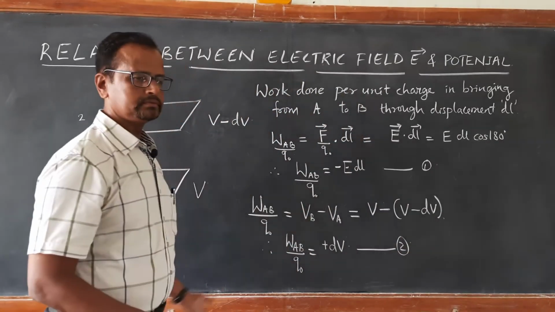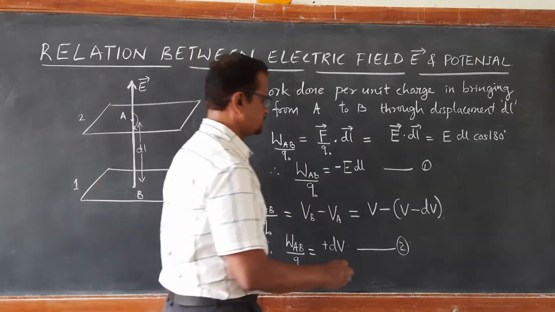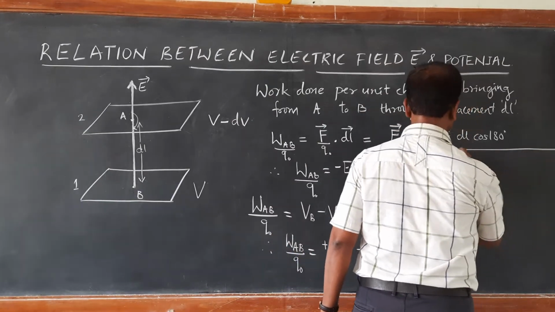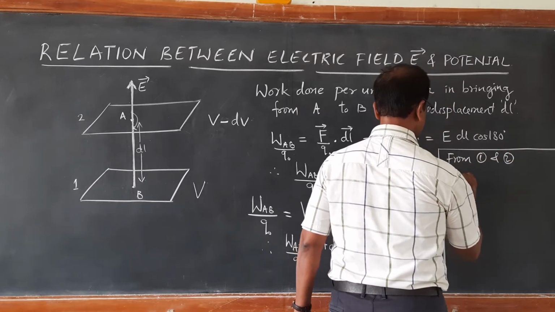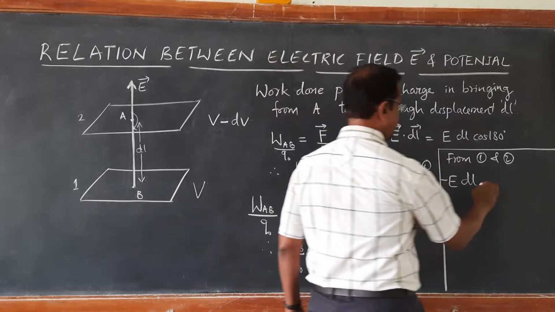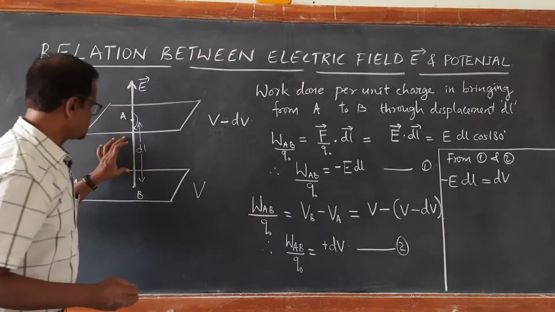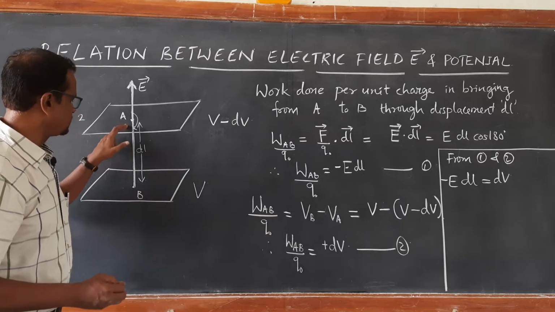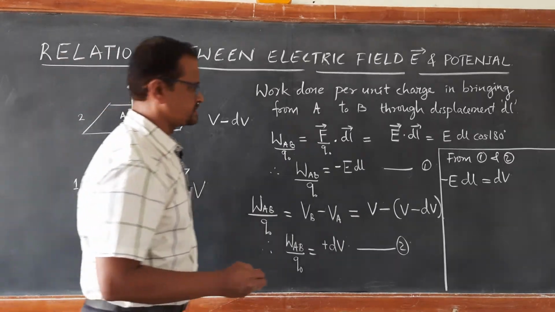From 1 and 2, you will get a simple relation between electric field and potential difference. So, from 1 and 2, we can write minus E dl equals dV, where dl is the small distance between these two potential surfaces and dV is the potential difference between these two surfaces.